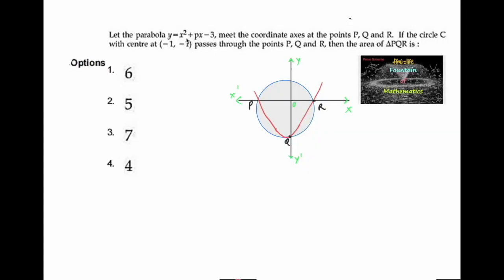Given a parabola y is equal to x square plus px minus 3, meet the coordinate axis at the points P, Q and R. And if the circle C with a center at minus 1 comma minus 1 passes through the points PQR, then the area of the triangle PQR.